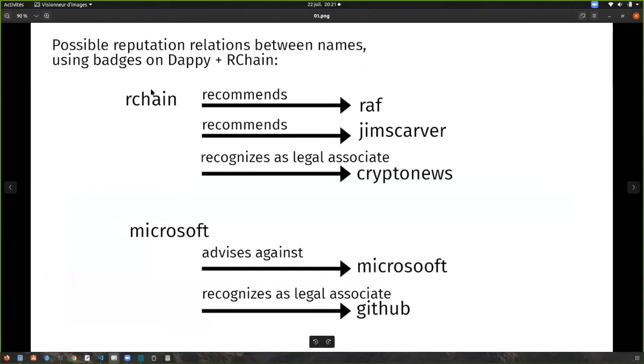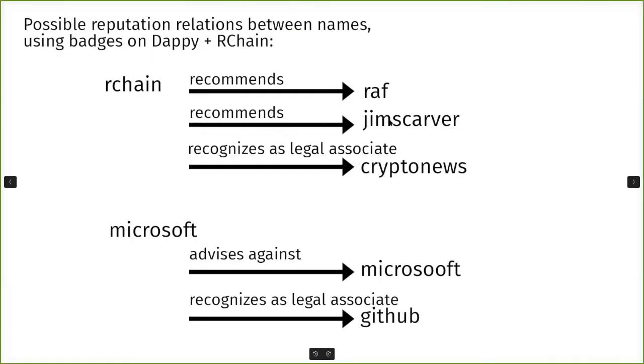For example, the identity owning the RChain name can express a recommendation regarding my name or Jim's name, or any kind of string can be attached to any badge. You can also have strings like recognizes as legal associate between on-chain and crypto news.